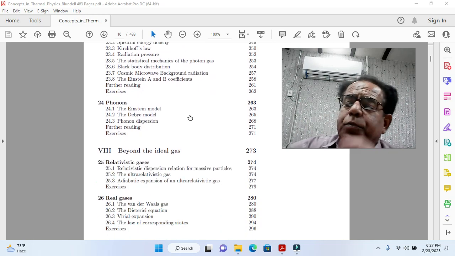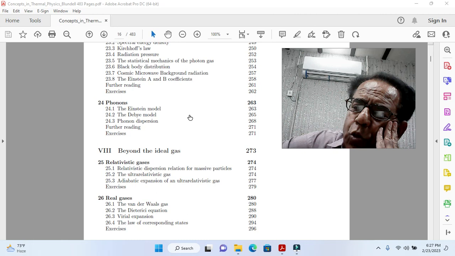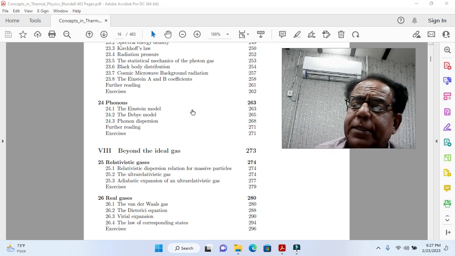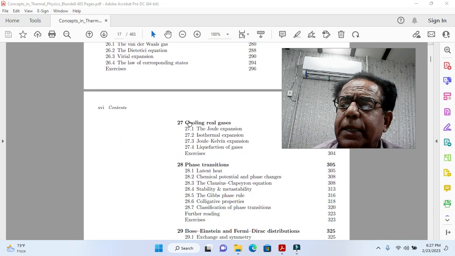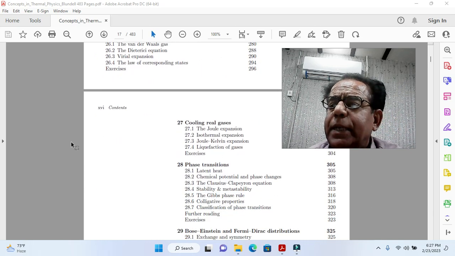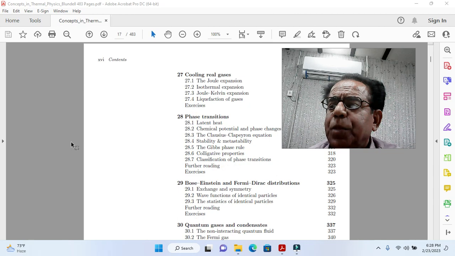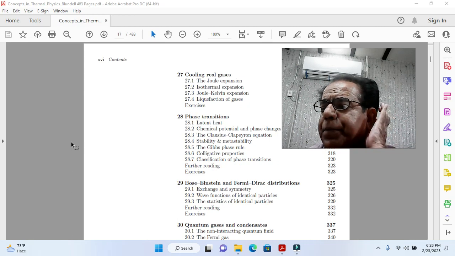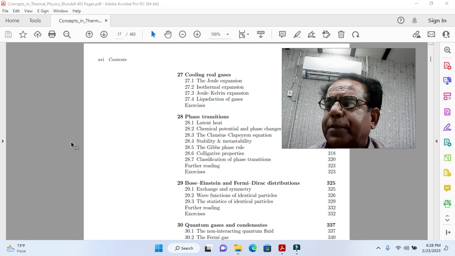Part 8 of this book, under the title Beyond the Ideal Gas. Relativistic gases, real gases, cooling, real gases, phase transition, Bose-Einstein and Fermi-Dirac distribution, quantum gases and condensates.